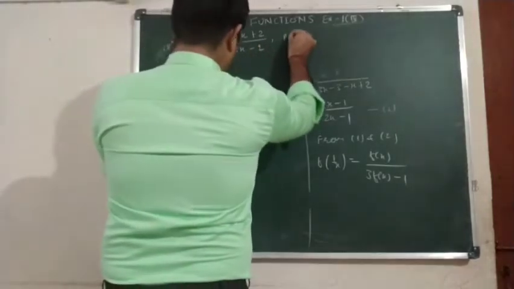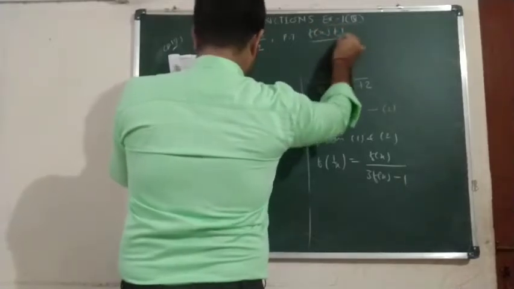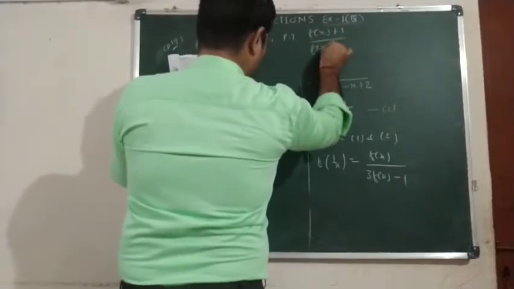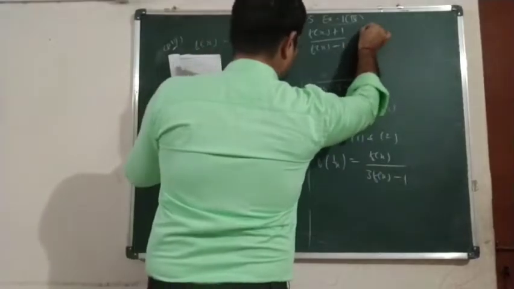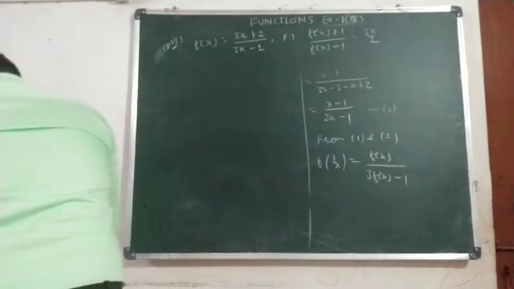We have to prove that f of x plus 1 upon f of x minus 1 is equal to 3x upon 2. So let us prove.